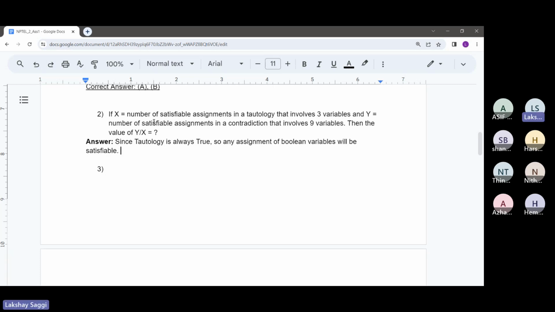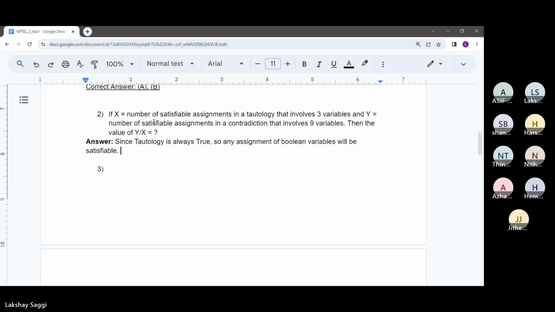Does this make sense? A Boolean assignment is said to be satisfiable if the expression resolves to true. And since a tautology expression is always true, any assignment of Boolean variables will always be satisfiable. I hope what I'm saying makes sense to you guys.